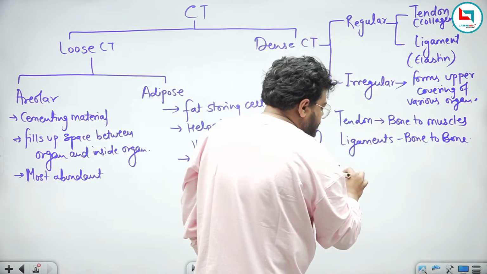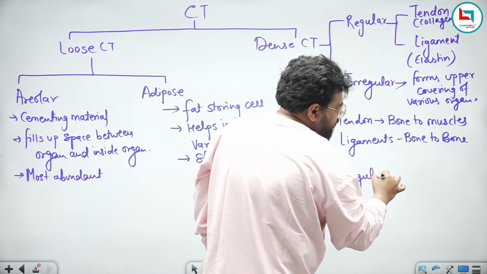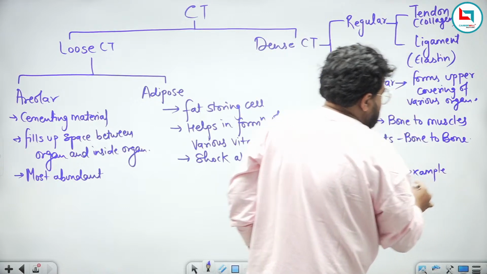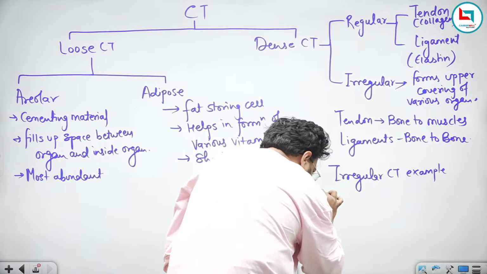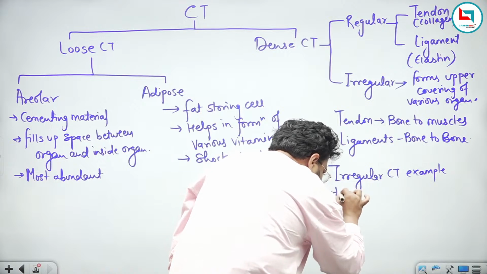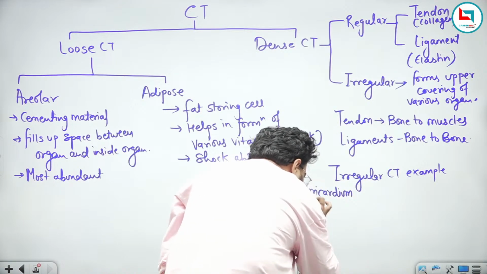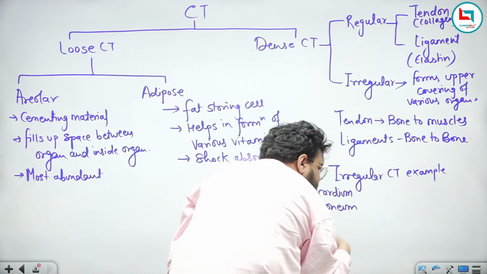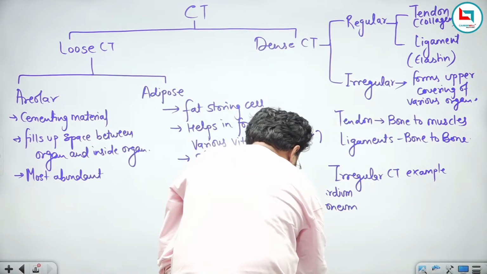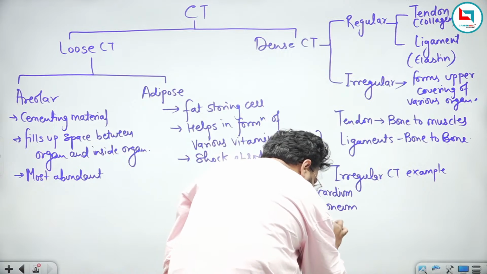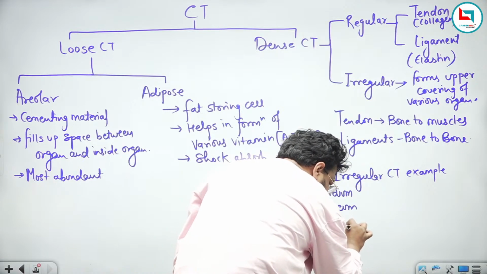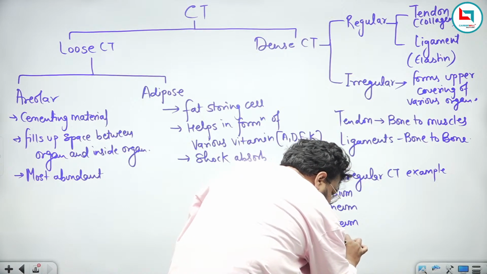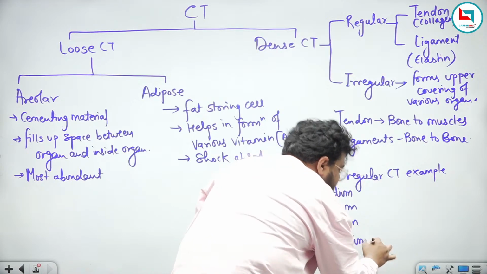Examples: these can form the covering over the heart, known as pericardium. These can form the covering over the kidney, known as peritoneum. These can form the covering over bones, known as periosteum. These can form the covering over cartilage, known as perichondrium, etc.